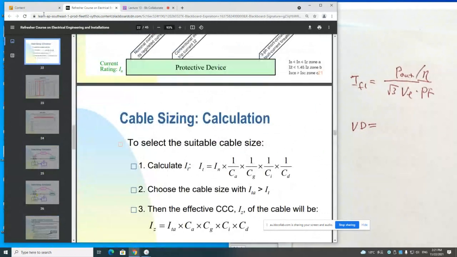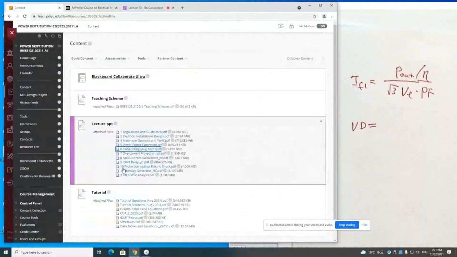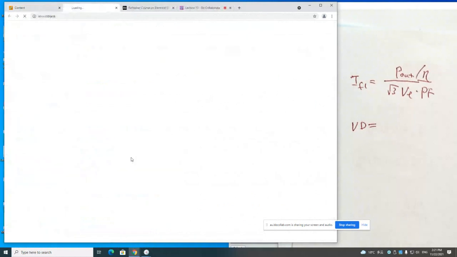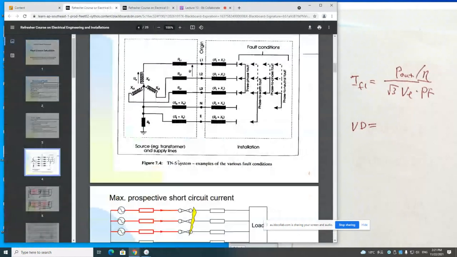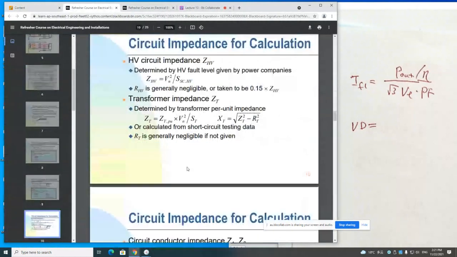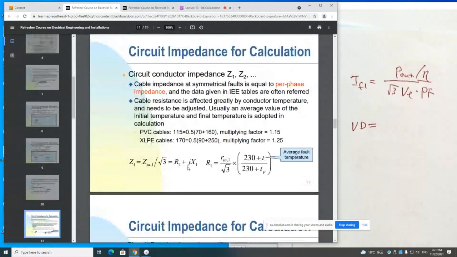Not cable sizing, for current calculation. So this is 1.15. This one tells you how to get this 1.15. Is it clear?